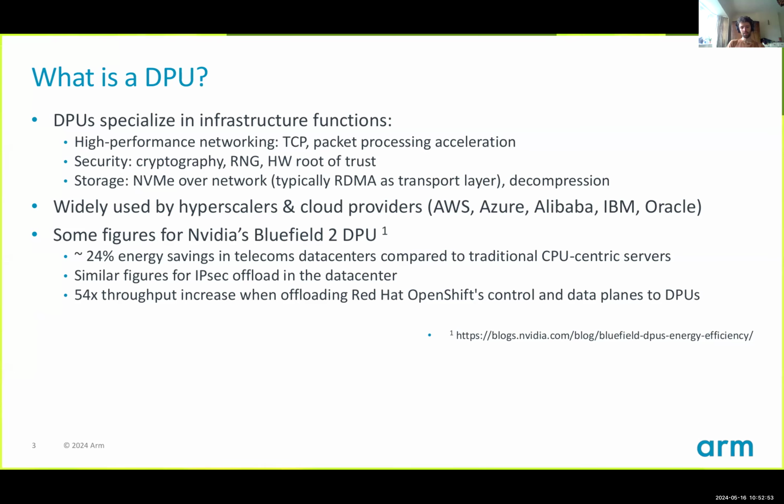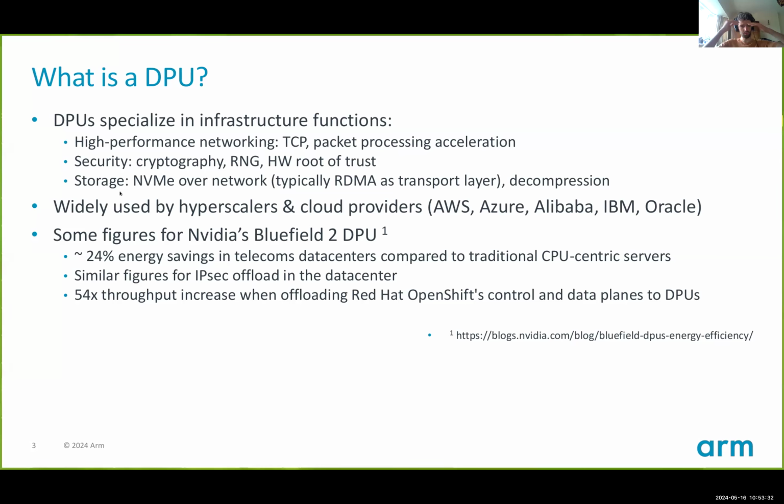But there's a lot of overhead that is not part of the guest workloads. You have to process communications between VMs, and communication from VMs to the outside, the data center. All that has a cost, and that's when DPUs come into play and accelerate those kinds of IO-driven tasks for the traditional host CPUs.